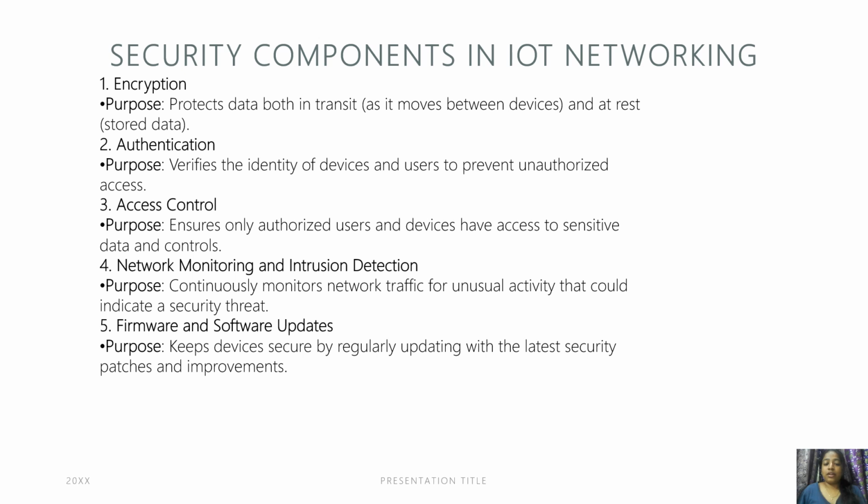This consists of an intrusion detection system and an intrusion prevention system. This helps to respond to threats. And firmware and software updates keep devices secure by regularly updating with the latest security patches. The method is over-the-air OTA updates, which ensure the devices can receive updates remotely.